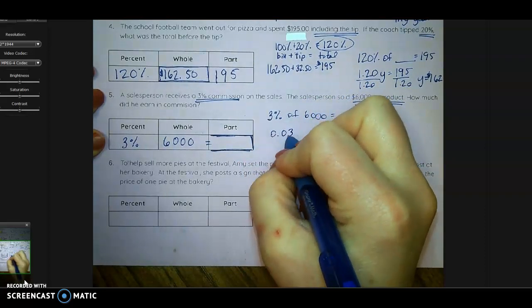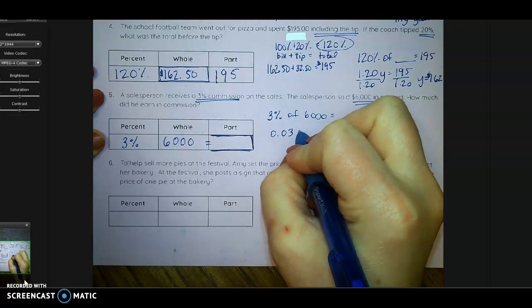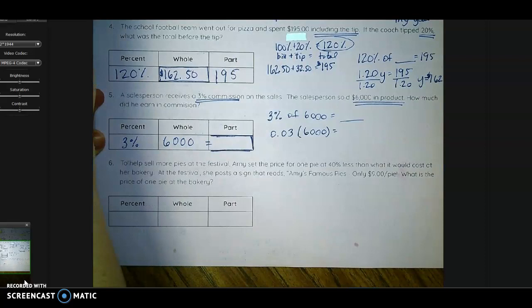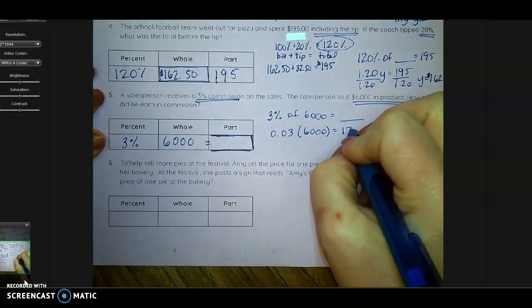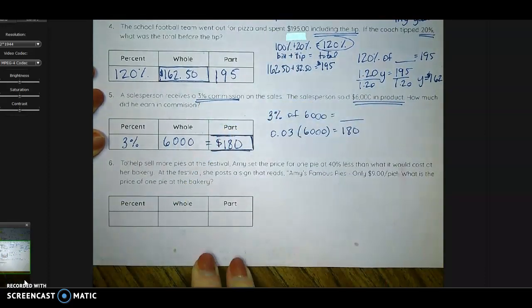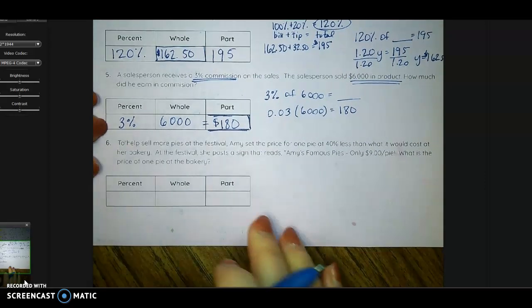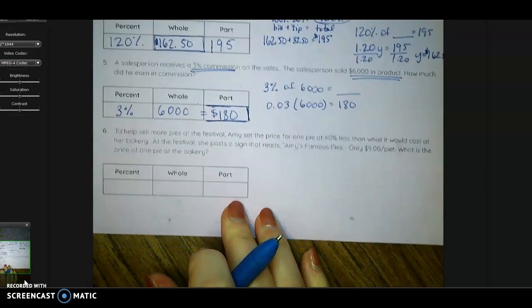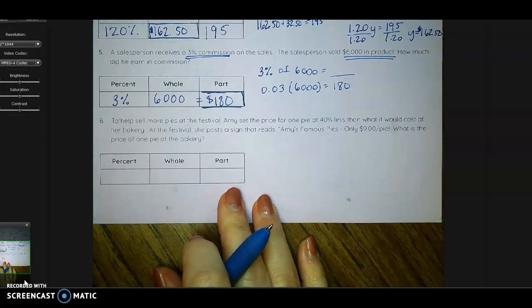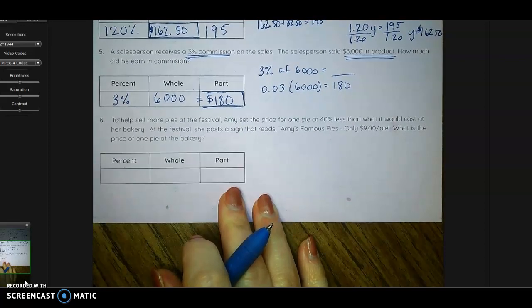Remember, when I have a percent less than 10, I'm going to add that 0 in there. And I'm going to multiply that times 6,000. So I get $180 in commission, which makes sense. The store can't pay me more than $6,000 if they make $6,000, or else they're going to go out of business.